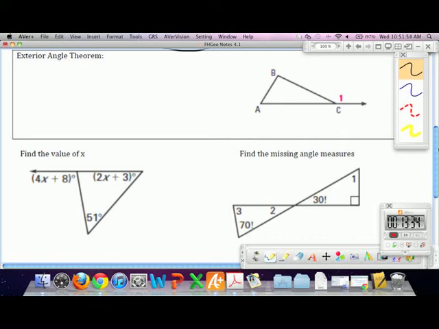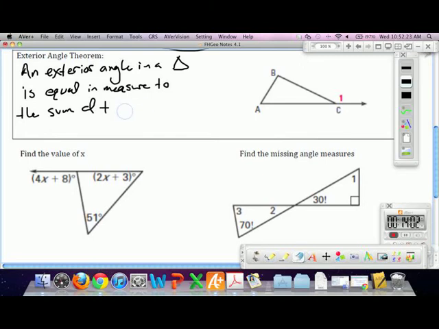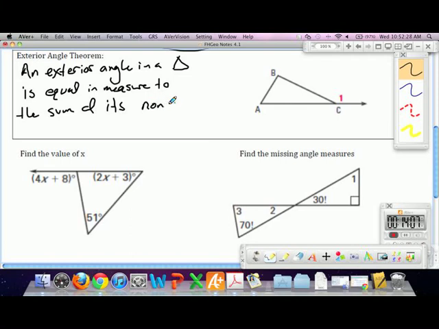An exterior angle in a triangle is equal in measure to the sum of its non-adjacent interior angles.